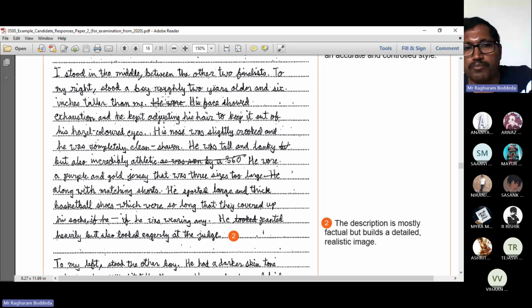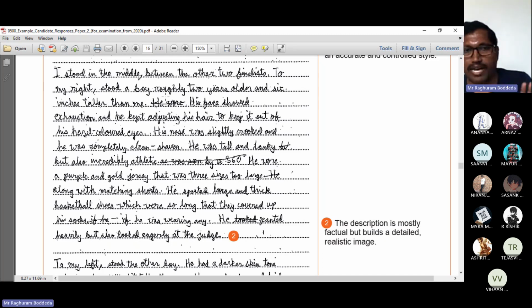Okay, he was tall and lanky, but also incredibly athletic. He wore a purple and gold jersey. So you mention the color, while the build, personality, and all these details were mentioned in the previous sentences.